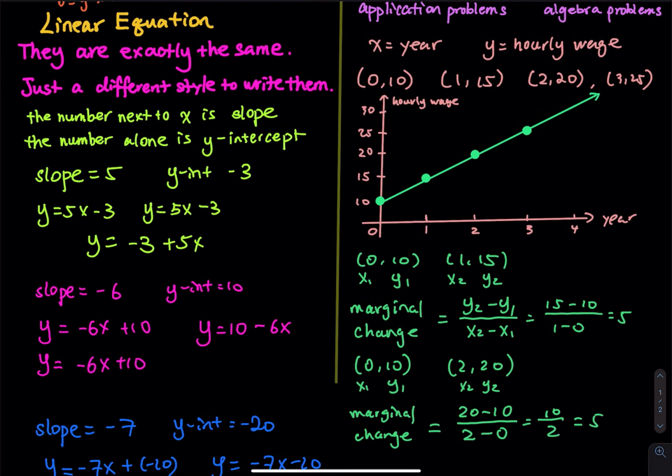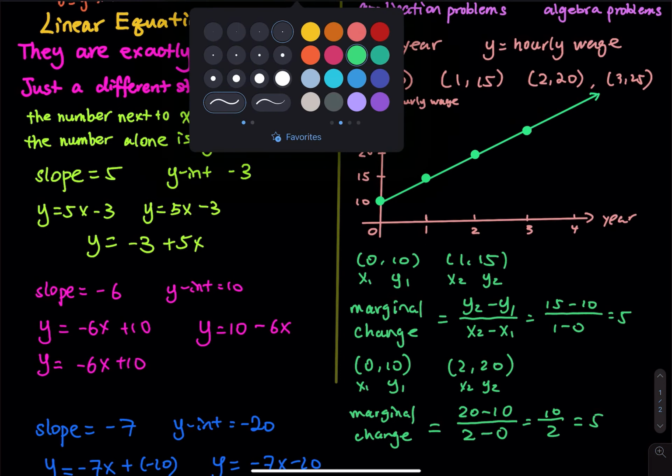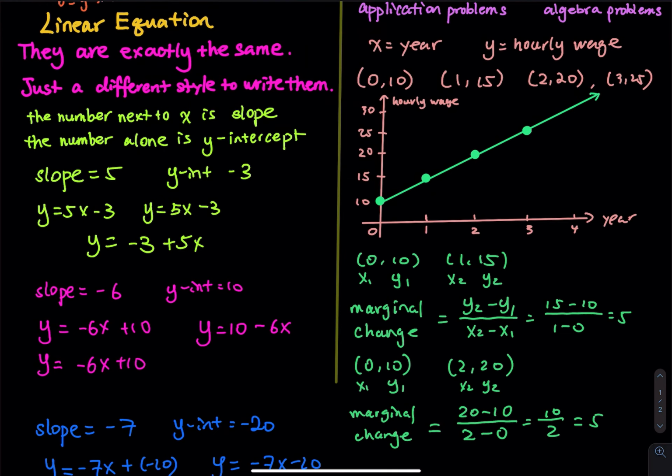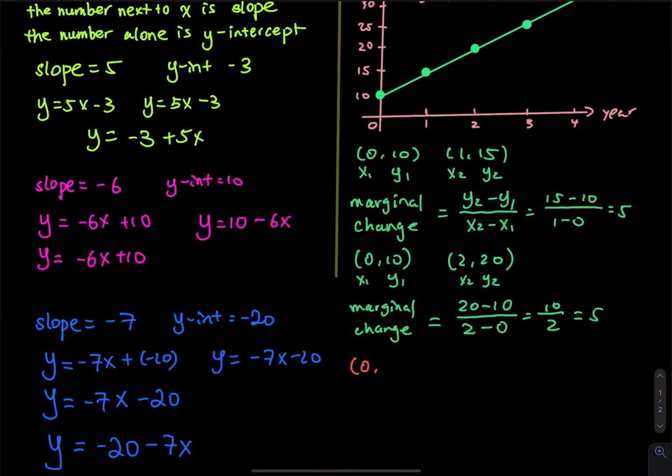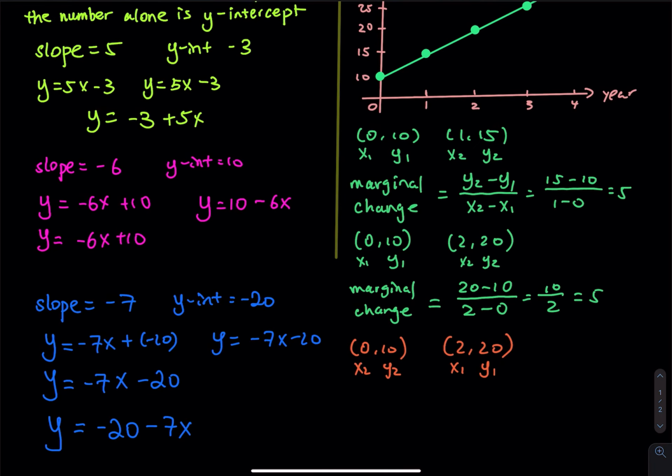And then someone might ask me this: okay, you call the second point x2, y2, can we do the other way around? What I mean is, we have (0, 10) and then (2, 20). Can I call this x2, y2 and this x1, y1? The answer is absolutely yes. Let's try that out really quick.